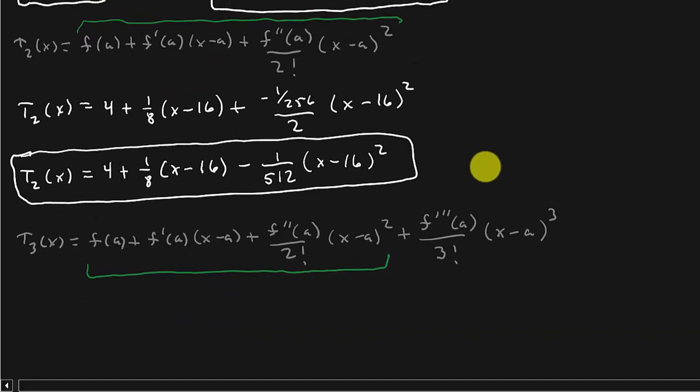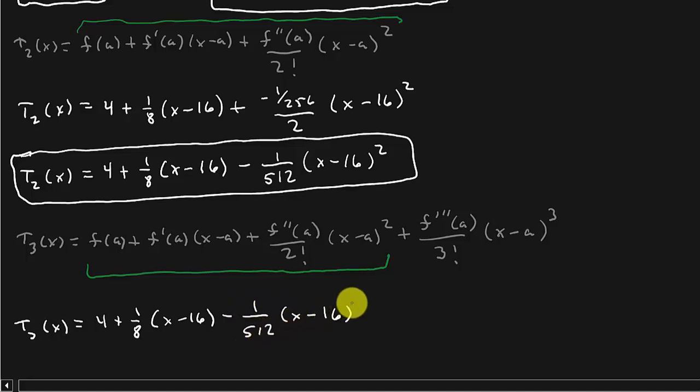So that's going to be T3 of x is equal to 4 plus 1/8 times x minus 16, and then minus 1 over 512 times x minus 16 squared.